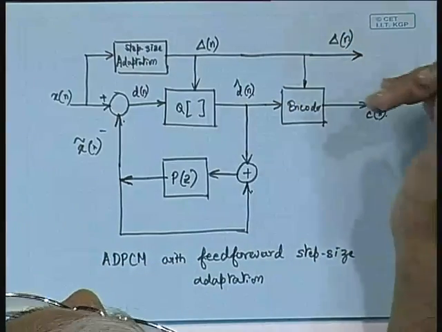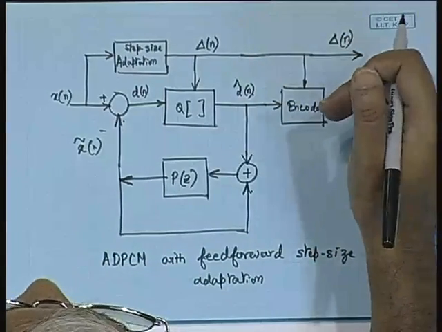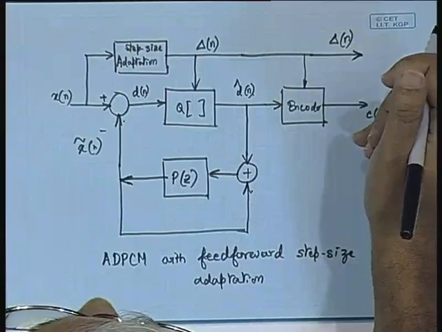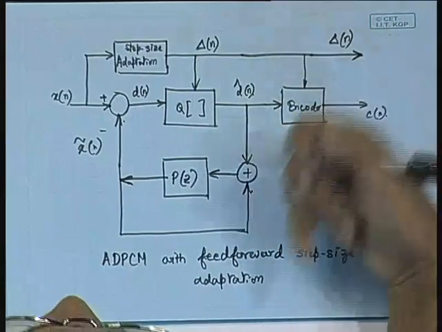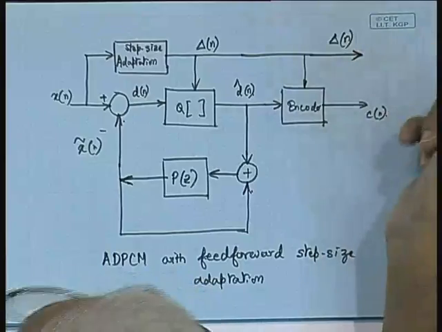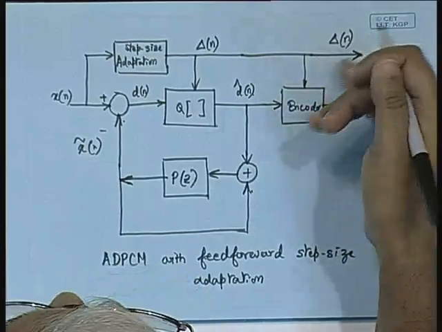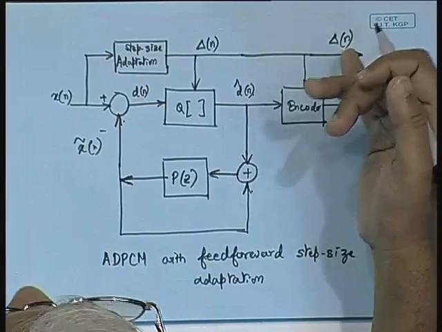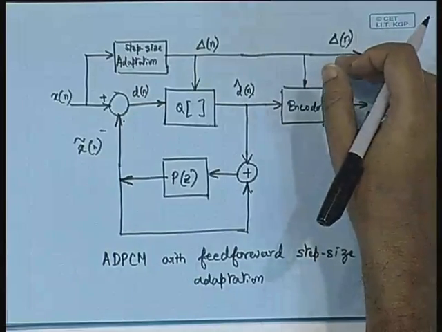So, that is why, when this delta n is transmitted through the channel, we should transmit it with better error protection as compared to C of n, because delta n is more sensitive information than C of n. Even in the presence of high error rates, one can have good performance if one just encapsulates this delta n with a better error protection mechanism.